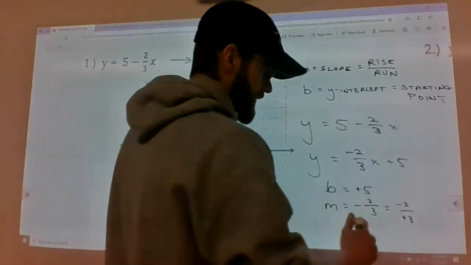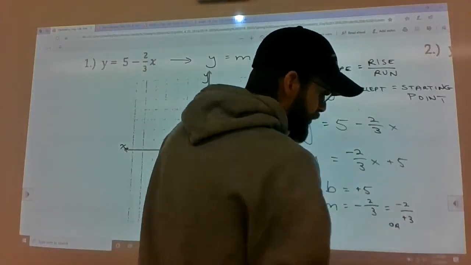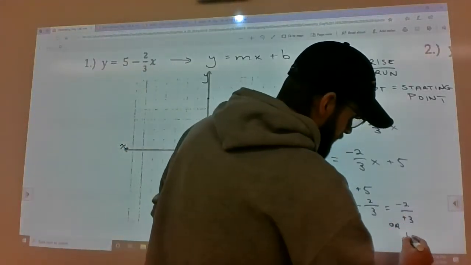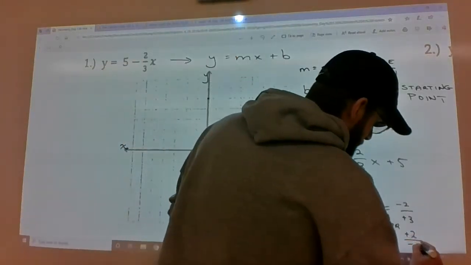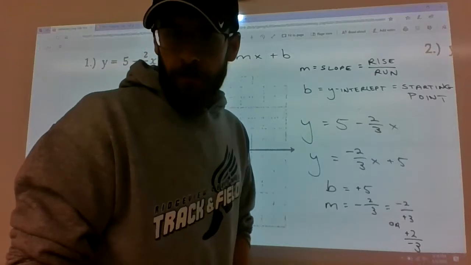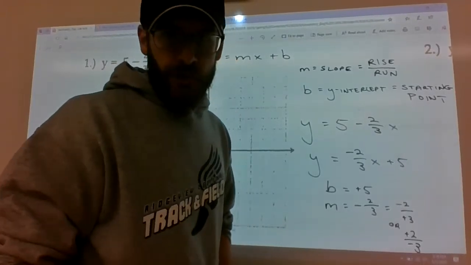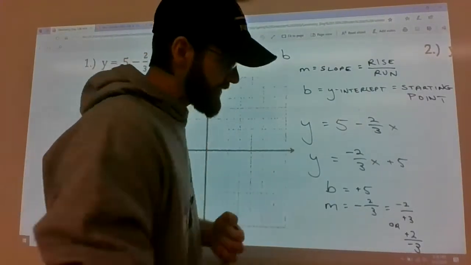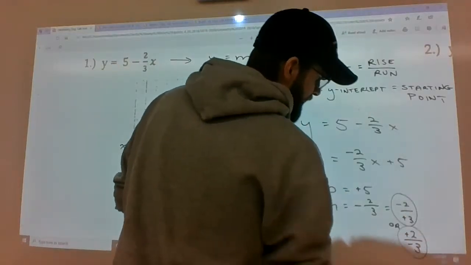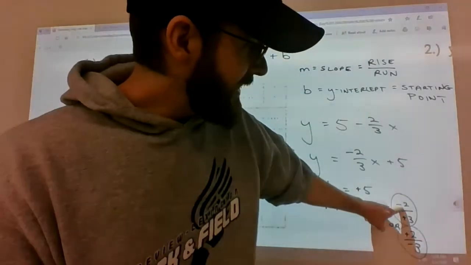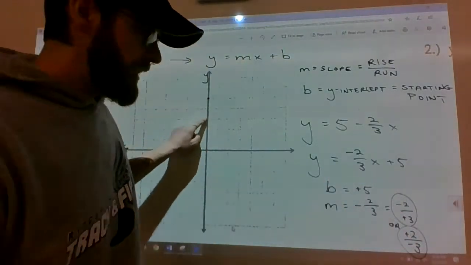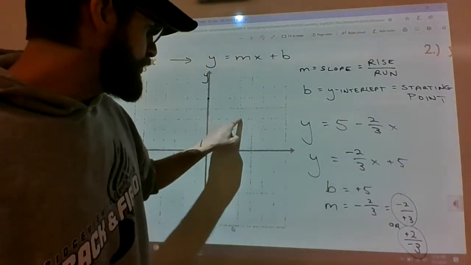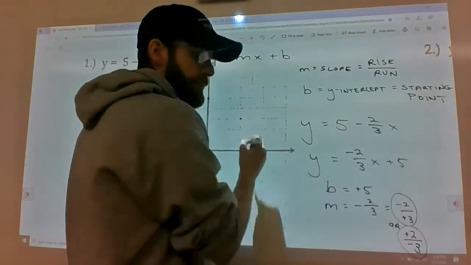Or you would take a positive divided by a negative. So if we've got those two as equally correct slopes, that just means we can go down 2, then right 1, 2, 3 to plot our points.